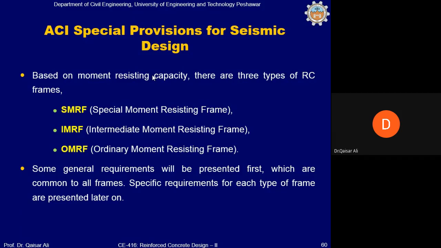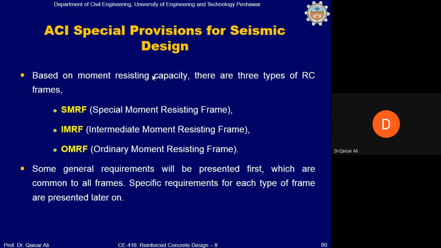Then the code has categorized or has divided these provisions into two types. For SMRF and IMRF, these are different provisions. There are no provisions for OMRF. However, there are some general provisions which are common to all types of frames.